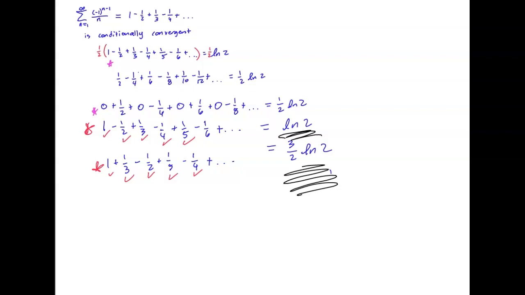So conditionally convergent series are weird. You can rearrange the terms, and you can actually get it to add up to any number you like. So they are convergent, but the order of the terms matters, which is bizarre.